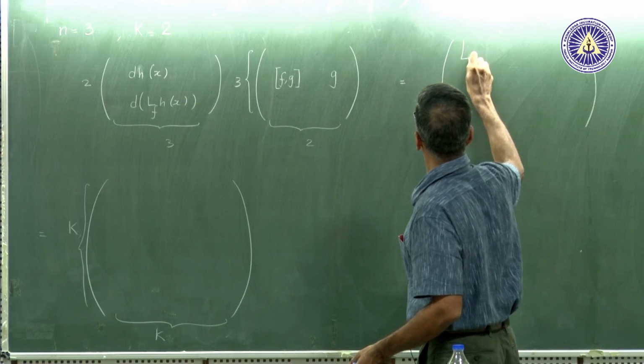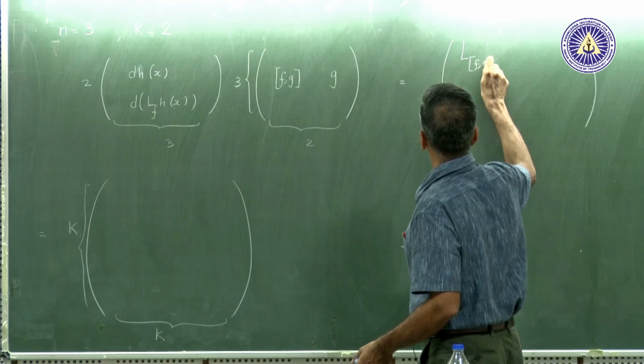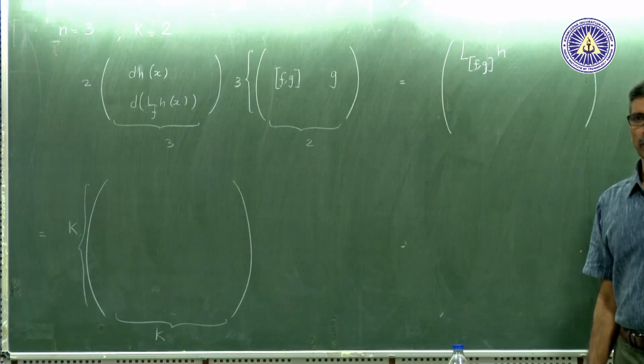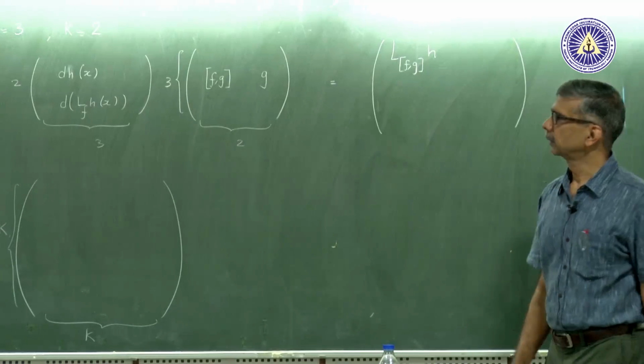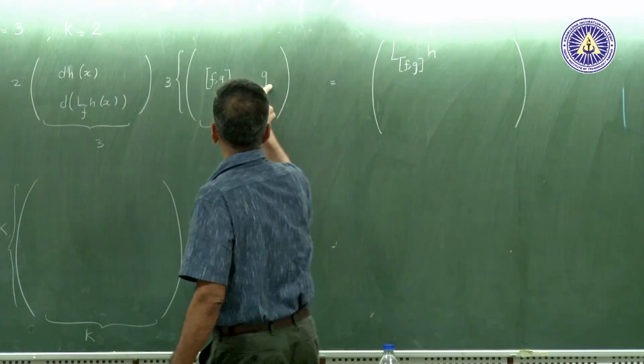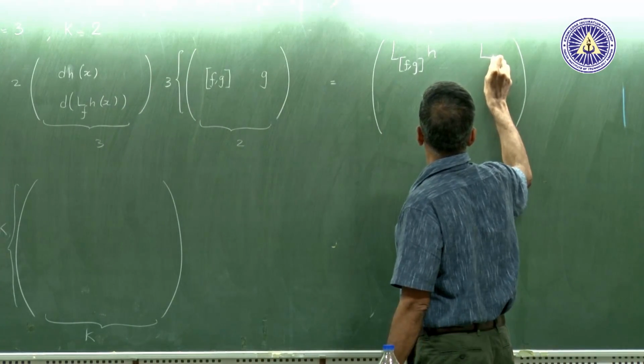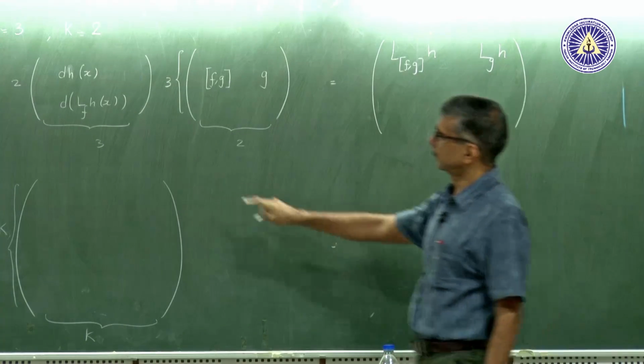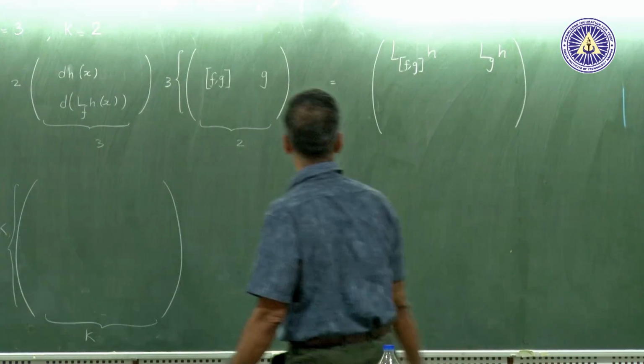Lie derivative along the vector field [f,g] of h, correct. This by this will be what? This by this.